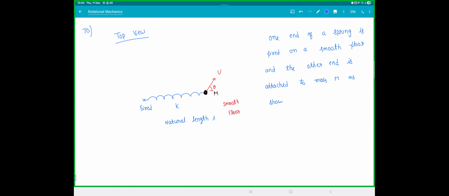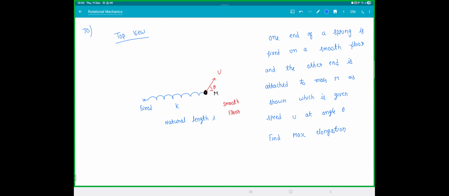It is given speed u at angle theta. Find the maximum elongation. Just write the equation. Simplification is a little messed up. Find max elongation and compression.